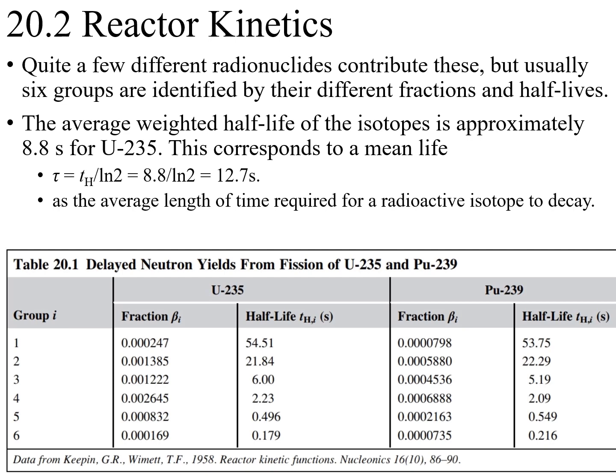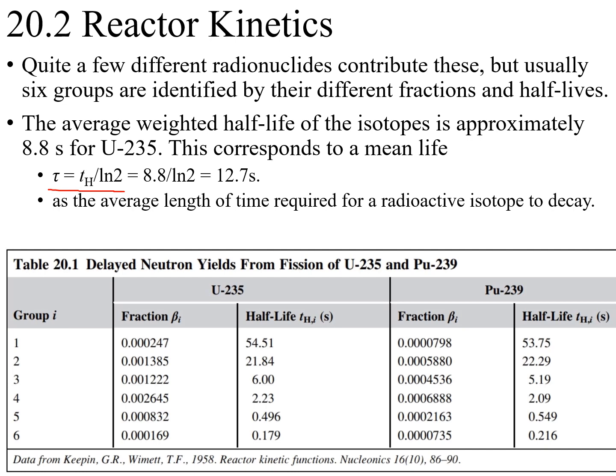We can convert the half-life to a mean life. A mean life means that after a certain time period, this radionuclide will decay. We can use this formula: tau is equal to half-life over log 2, and that is 12.7 seconds. It means that on average, the delayed neutron is released 12.7 seconds after the fission.